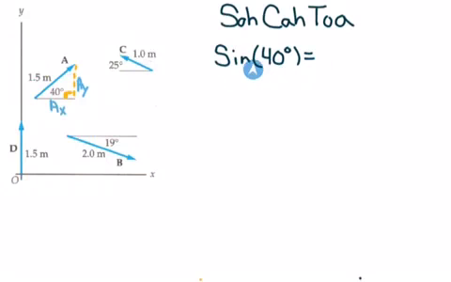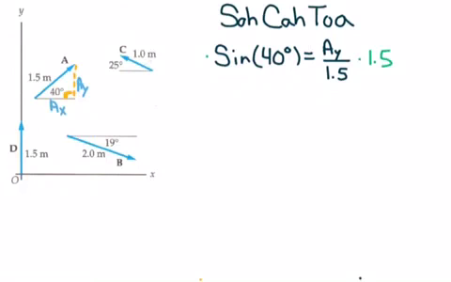So for this case, sine of 40 is the opposite side, which is AY. So I write AY divided by the hypotenuse, which is 1.5 meters. Actually, I'll just leave off the units to make it look a little cleaner. Now to solve for my y component, I multiply both sides by 1.5.